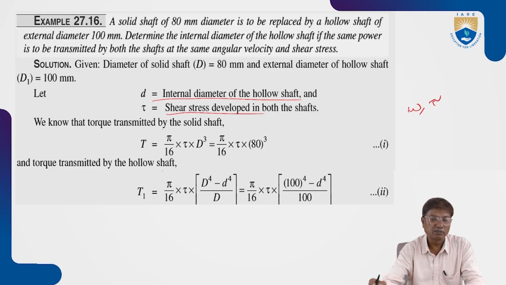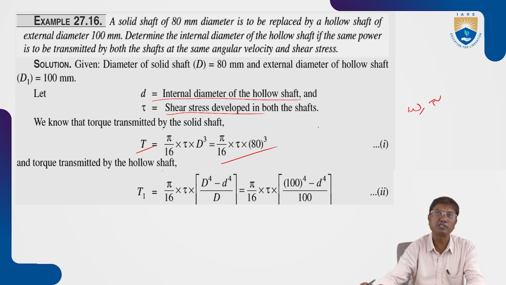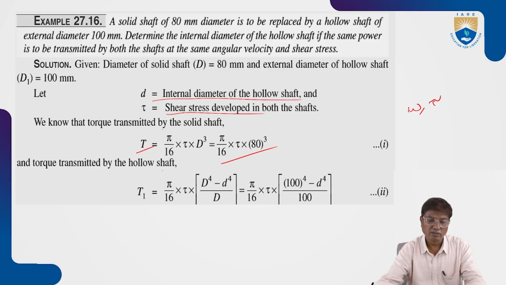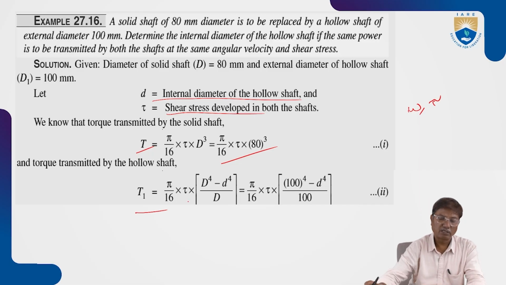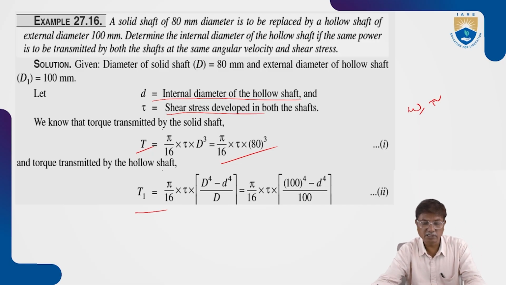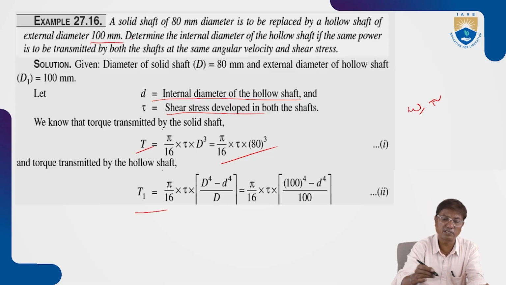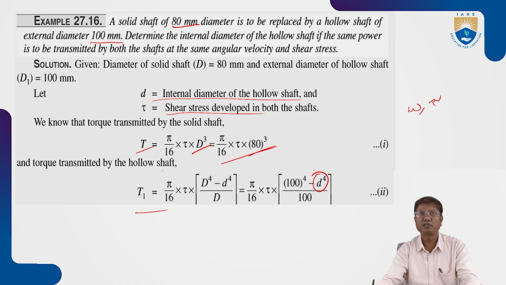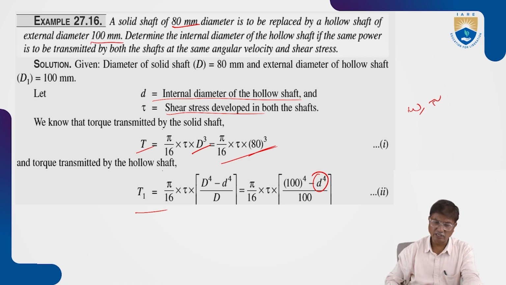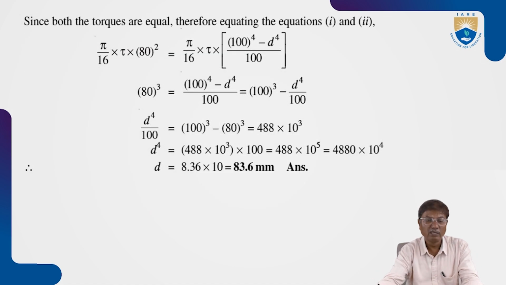So the torque transmitted by solid shaft is pi/16 tau d cubed, and torque transmitted by hollow shaft is pi/16 tau times (capital D power 4 minus small d power 4) by capital D. Capital D is the external diameter which is given, and the diameter of solid shaft is given. We need to find out the inner diameter of hollow shaft.